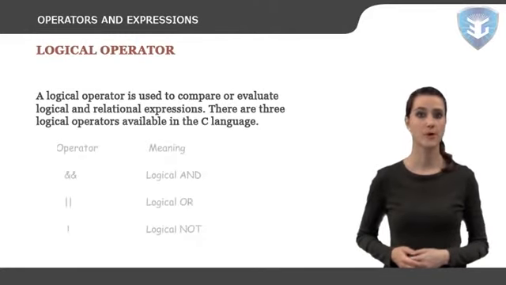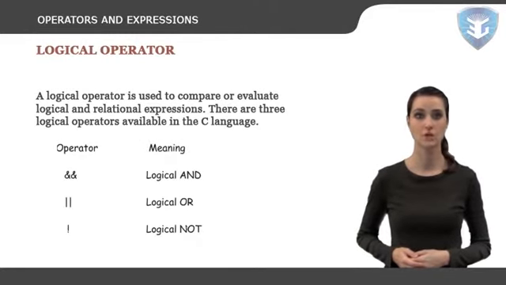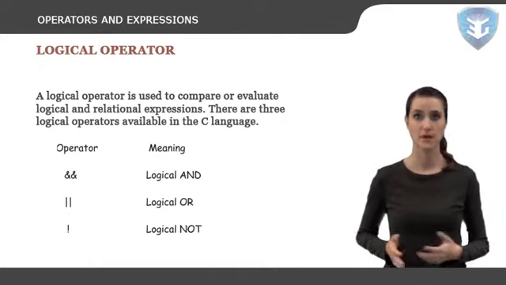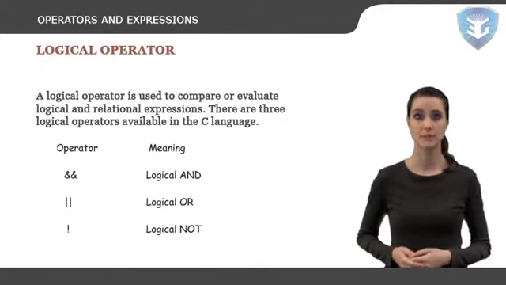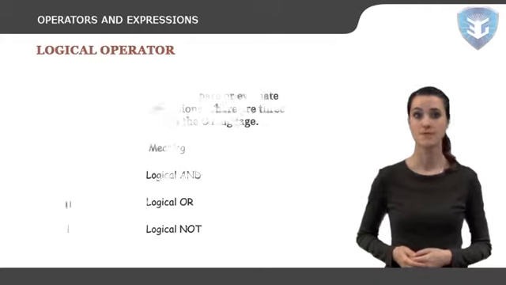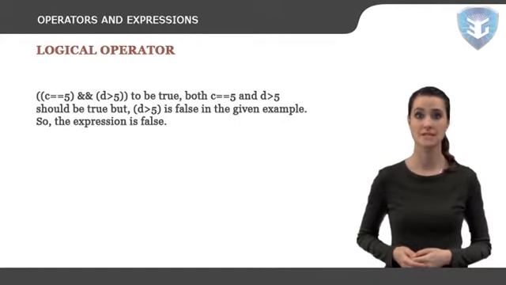A logical operator is used to compare or evaluate logical and relational expressions. There are 3 logical operators available in the C language. For example, for expression C equals 5 logical AND D greater than 5 to be true, both C equals 5 and D greater than 5 should be true, but D greater than 5 is false in the given example.